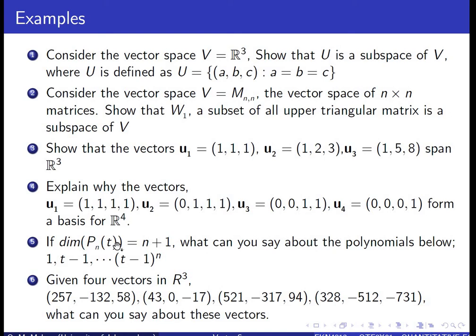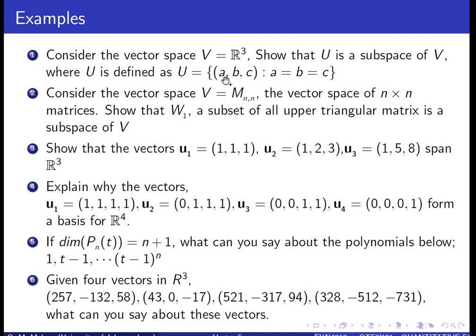And then we have a few more examples that we can do. We are given the vector space, which is R3. We need to show that U is a subspace of V, where U is defined as (a, b, c), a vector in R3. As you can see, it has 3 components.